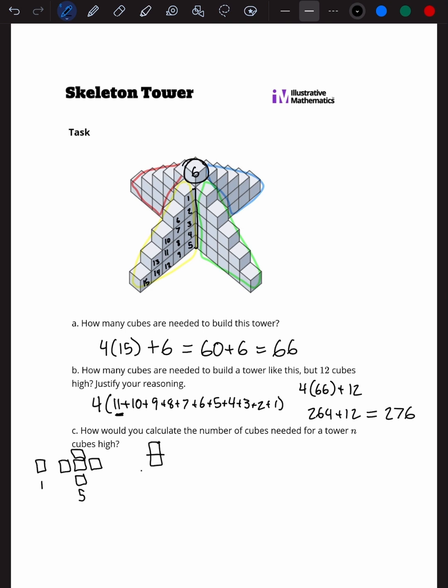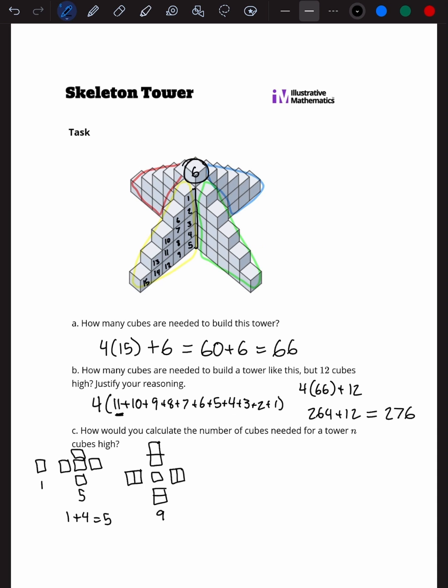If I were to have 2 cubes sticking out from each side, plus the one in the middle, I would have 9. So then a way I could write this one is 1 plus 4 from all cubes on the side equals 5.